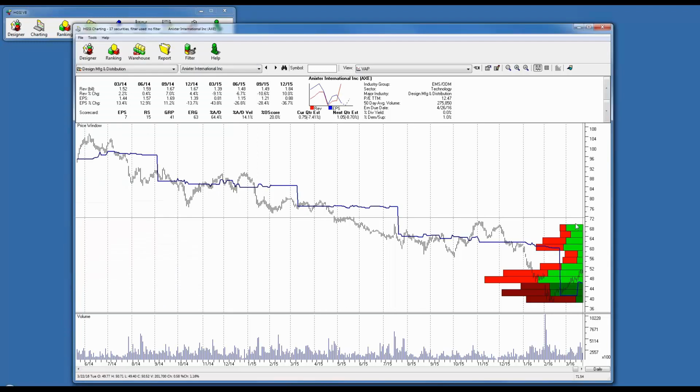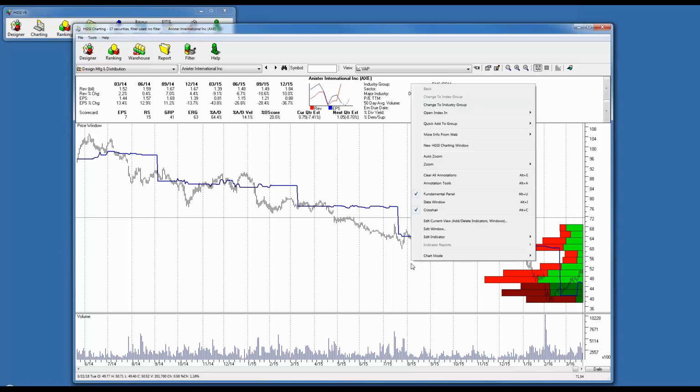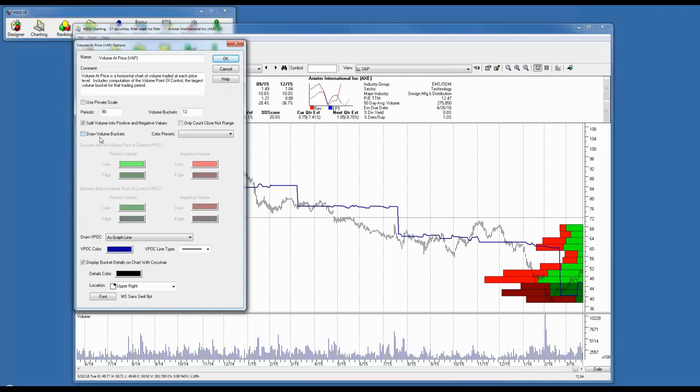There are now 12 of them instead of 25, so each bucket is larger, and the price range each bucket represents is a larger amount. Even though the volume buckets aren't being drawn, they're still being computed, and so the two parameters, the length of time and the number of buckets, still apply.